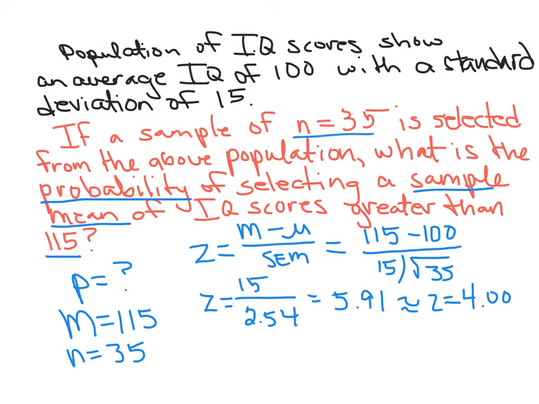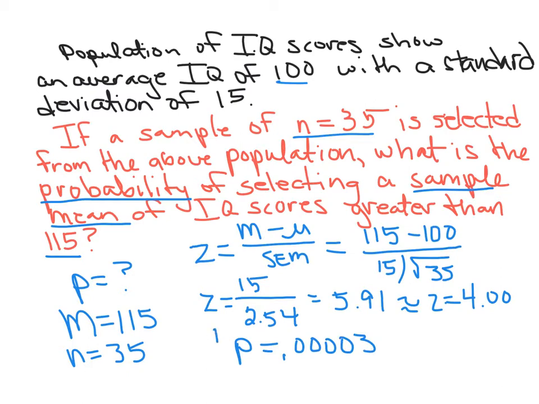And it says what's the probability of selecting a sample mean of IQ scores greater than 115? Well, if you look at the probability values in the unit normal table for 4, you're going to look at beyond z in the tail, because 115 is higher than 100. So in that case, we're looking at p equals, in the tail, 0.00003.